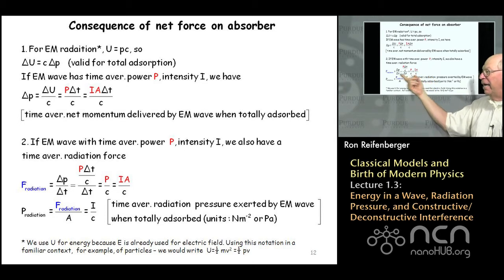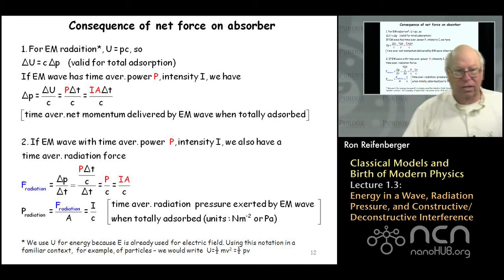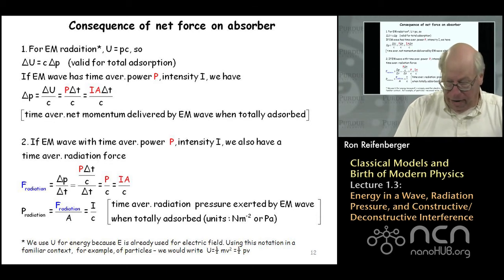And if you divide that radiation force by the area A, which is what I do here, then you end up with a radiation pressure that the electromagnetic wave exerts on that absorber, and that radiation pressure is just the intensity I divided by the speed of the electromagnetic wave.